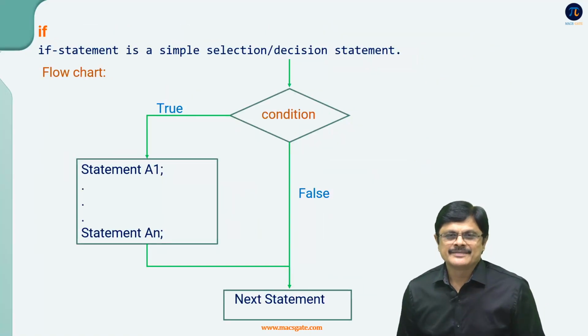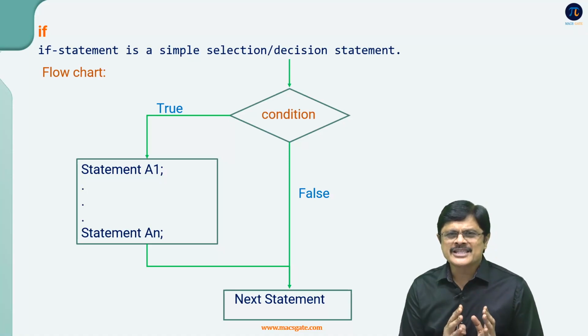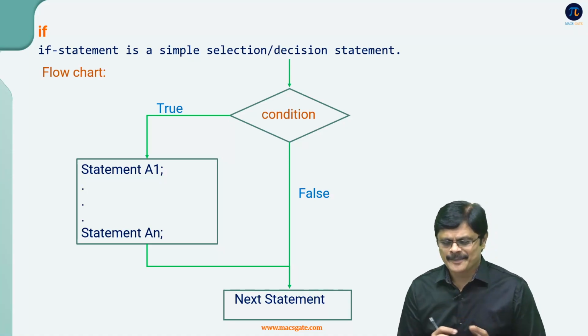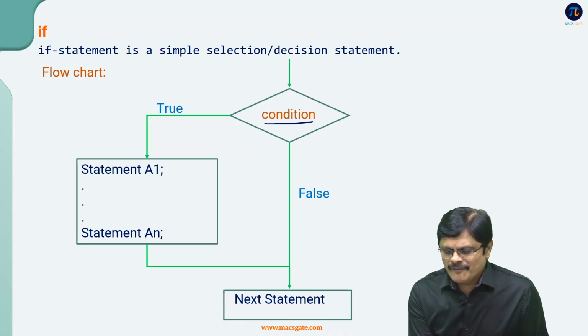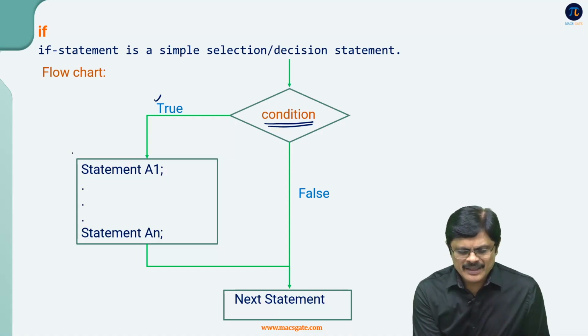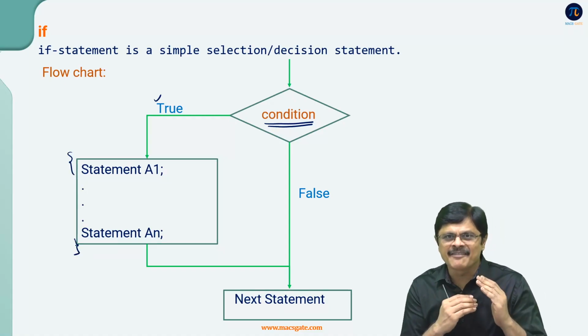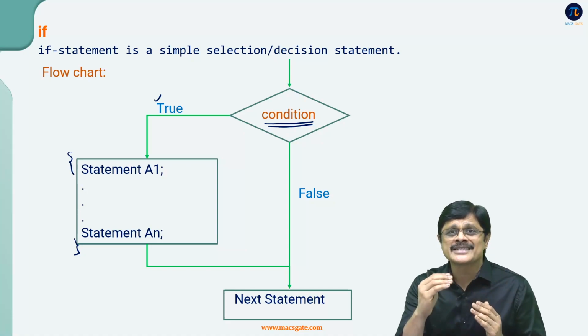If statement. The if statement is a simple selection or decision statement. This flow chart explains how the if statement works. First, the condition is verified. If the condition is true, then the if block, that is the block of statements under if, is executed in a sequential manner.